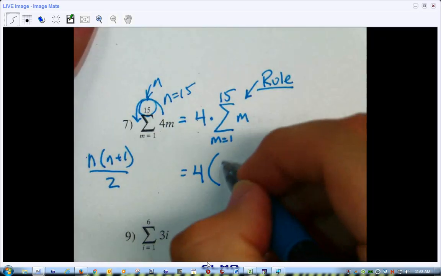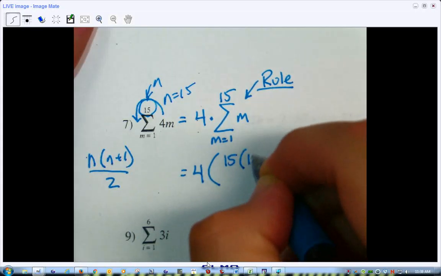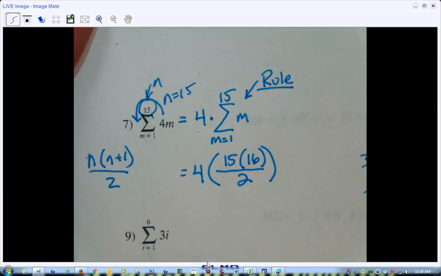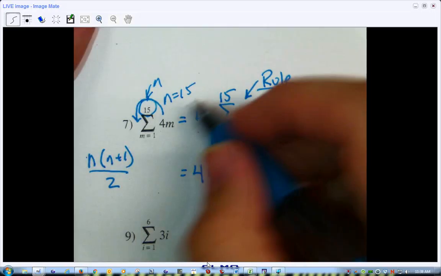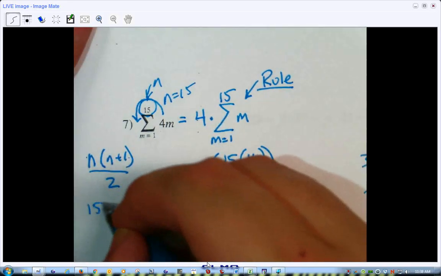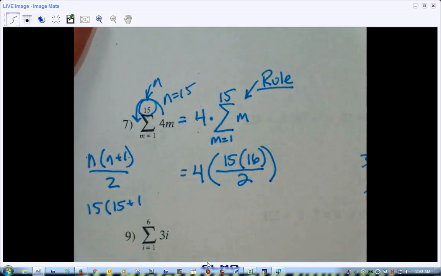So it's 15 times 16 divided by 2. N times n plus 1, so it'd be 15 times 15 plus 1. So that's where we got our 16 from.